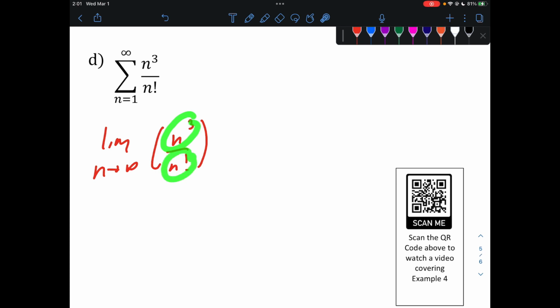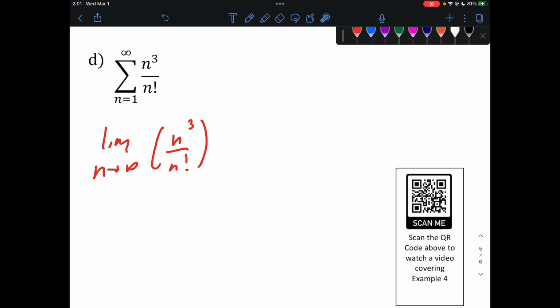Which of these is going to get larger faster? Think about 2 cubed versus 2 factorial. Well, 2 cubed is bigger. How about 3 cubed versus 3 factorial? 4 cubed versus 4 factorial. At some point, the factorial is going to start getting larger a lot quicker.